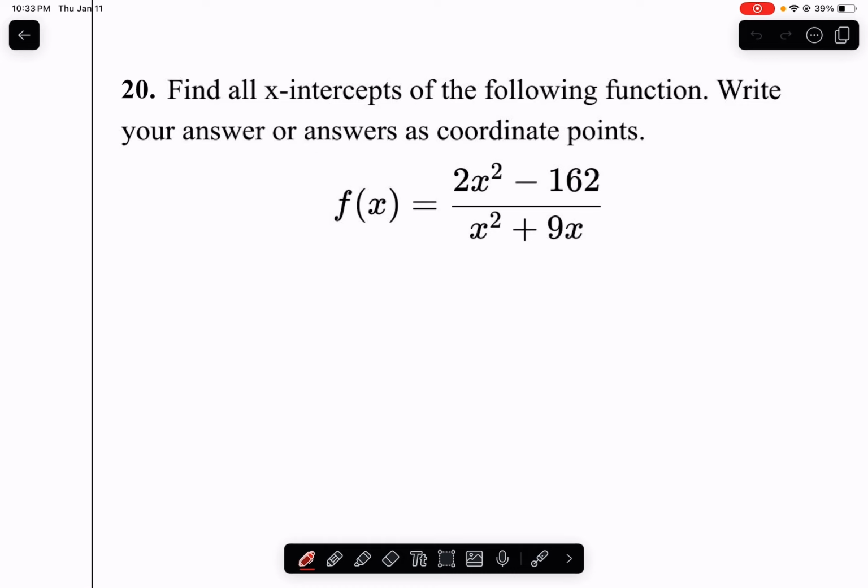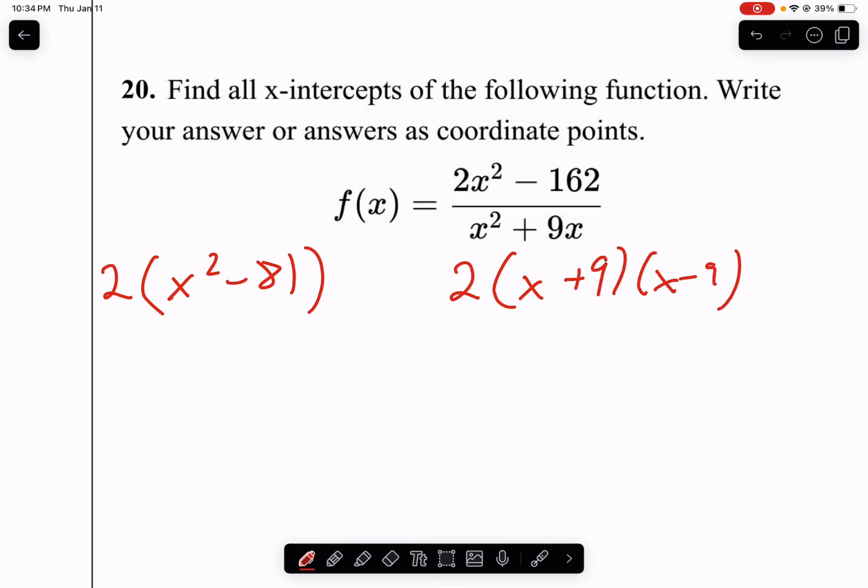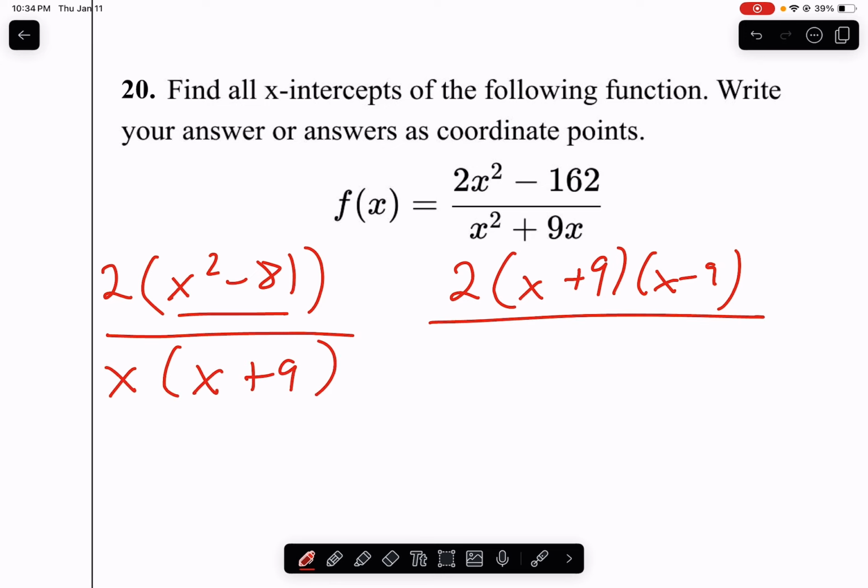So this top part here, I can take a 2 out first. 162 divided by 2 gives me 81. So I actually can factor that further, and I get 2(x + 9)(x - 9), because that is a difference of squares. On the bottom here, I can take out an x because that's a GCF, and I get x times (x + 9).